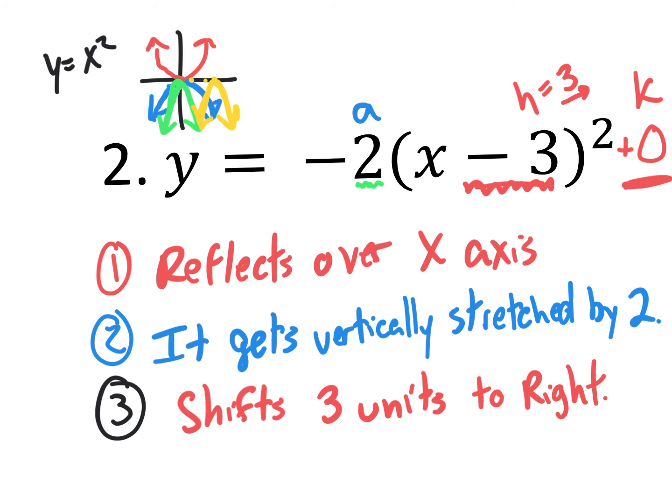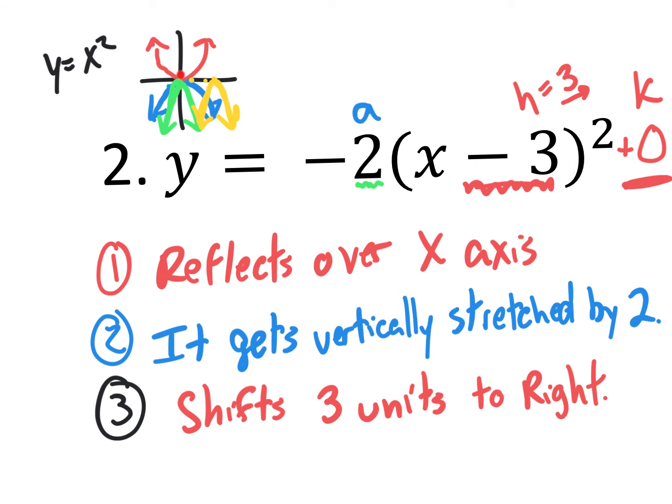But now I know what the parabola looks like just by analyzing the a value, the h value, and the k value. Again, the goal for today is to be able to think of the original parent graph that has a vertex 0, 0, that has a regular U-shaped curve opening up with the pattern 1, 1, 2, 4, 3, 9. That's y equals x squared. Thinking, how does it change?